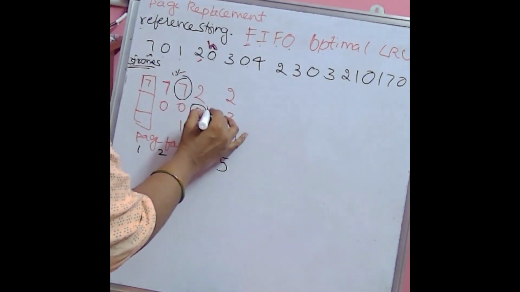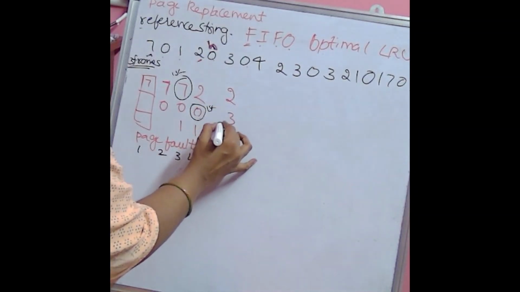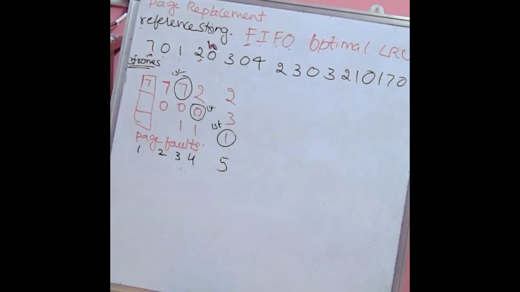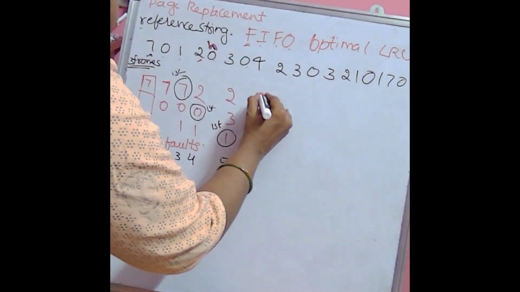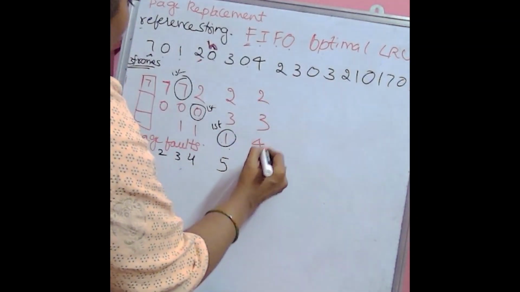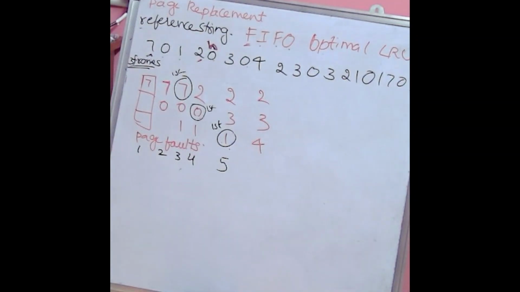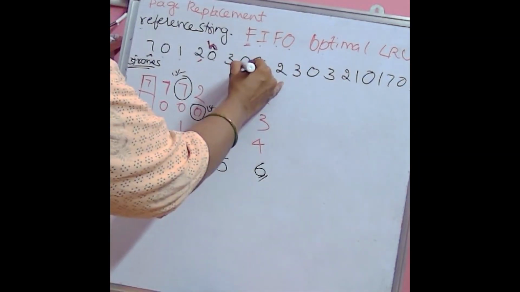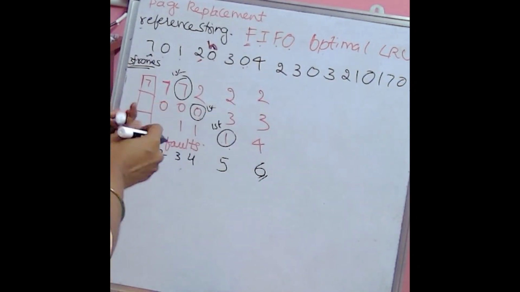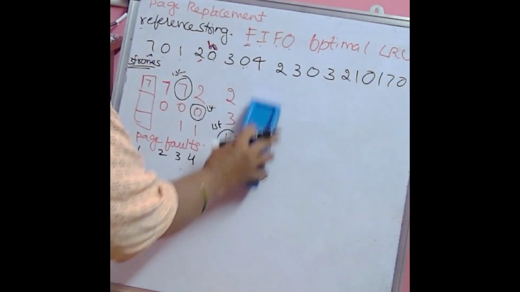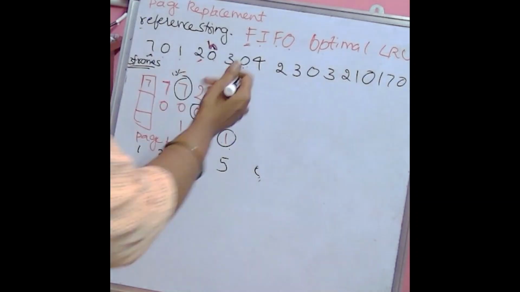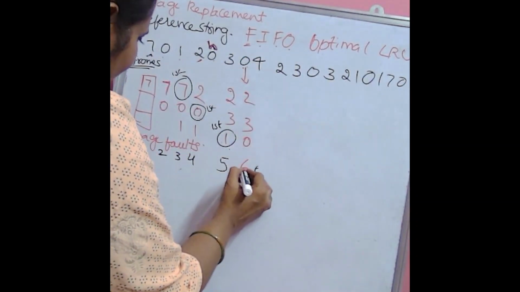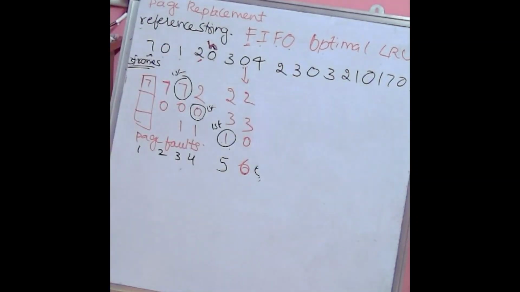So we replace 1 with 0. Now within the main memory 2, 3, 0 is available, and here the 6th page fault occurred.